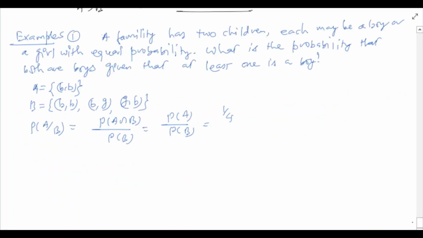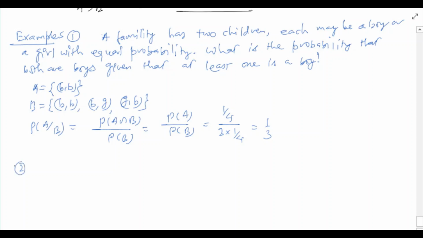Since each one may be a boy or a girl with equal probability, that both are boys is half into half, that is 1 by 4. And probability of B is 1 by 4 plus 1 by 4 plus 1 by 4, that is 3 times 1 by 4. So the answer is 1 by 3.